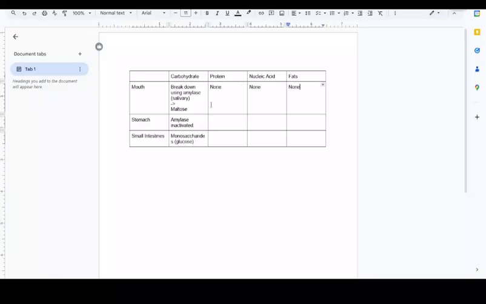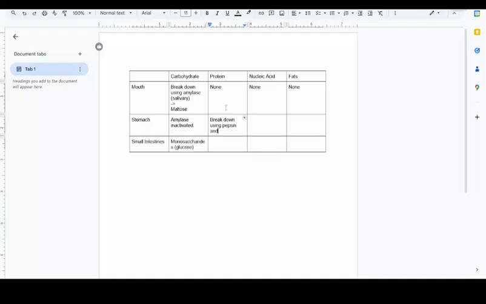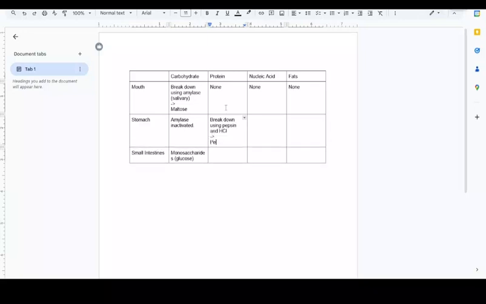So in the stomach, we're going to break this into peptides, broken down using pepsin and HCl into polypeptides. These polypeptides are going to get into the duodenum, and then we're going to use protease, which is trypsin and chymotrypsin, and this is going to break down into dipeptides.